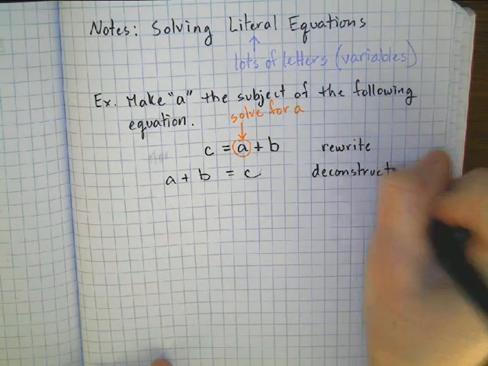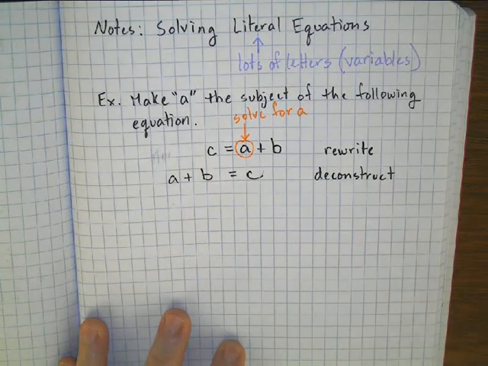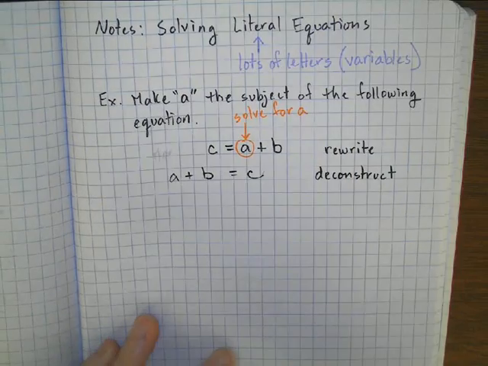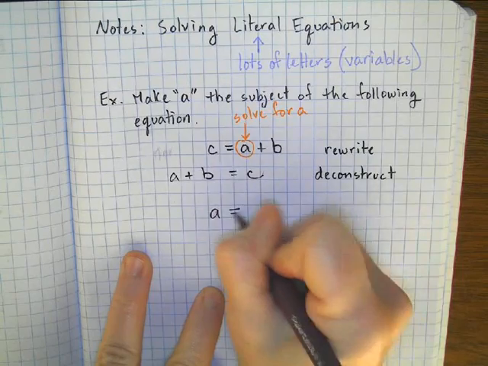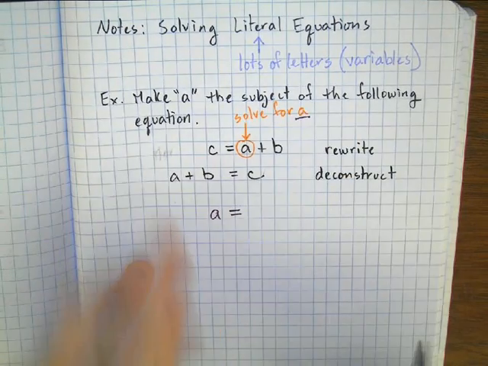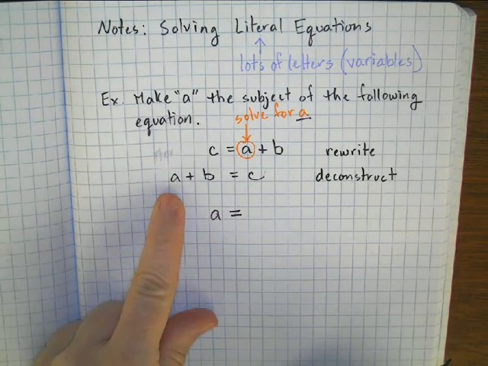You could also do this with the balance method, but I think it's easier the first time doing it with deconstruction. I want to solve for A, so I want this to say A equals. See, it says make A the subject. That means we're solving for A. So what's happening to A?